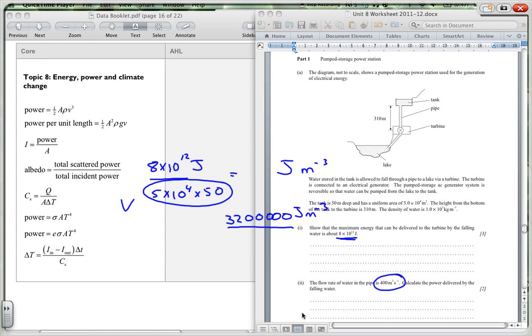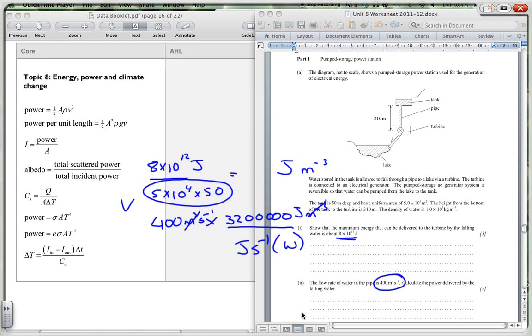So if I multiply this by 400 meters cubed per second, you see that my meters cubed get canceled out. My final value will be joules per second, which is a power, that's a watt.